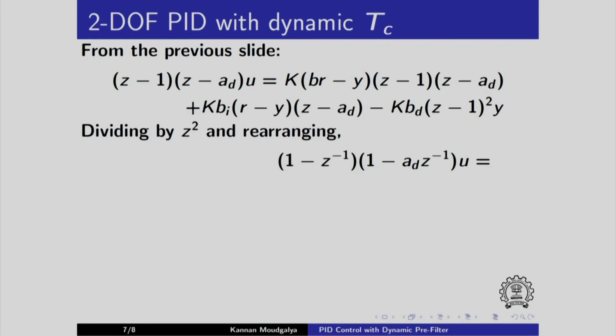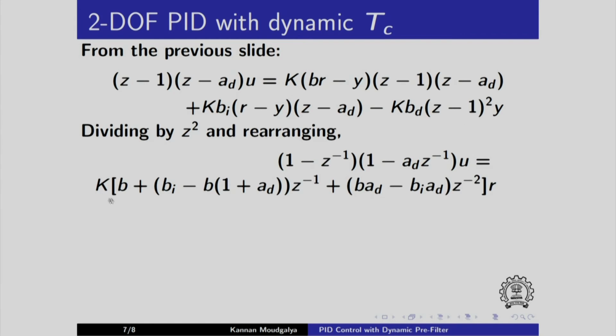Let us divide by z squared and rearrange. So the left hand side becomes 1 minus z inverse into 1 minus AD z inverse. Here you had z squared, highest power is 1, and then you have z to the power minus 2 here, times u equals on the right hand side k into constant term, z power minus 1 term, z power minus 2 term into r.